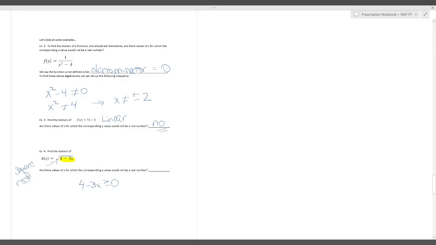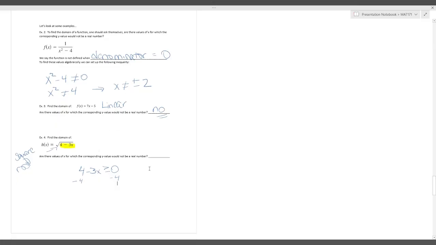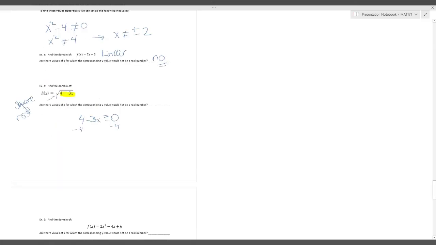We can subtract 4 from both sides, and we get negative 3x greater than or equal to negative 4. We can divide both sides by negative 3. And remember, when we divide or multiply by a negative, we have to flip the inequality. So x has to be less than or equal to 4/3. Any value of x that is less than or equal to 4/3 will create a true statement.